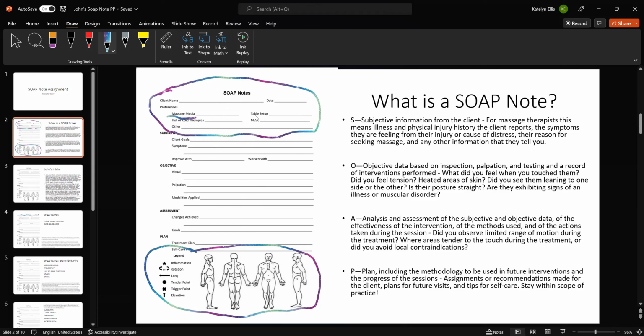Table setup. All right. Is this person super tall? Do they need a tall table? Do they have difficulty getting onto a high table? Did you need to lower it for them? Did you have to put on an extra blanket because they're very susceptible to cold? Did you only have one thin sheet because the person feels overheated all the time?